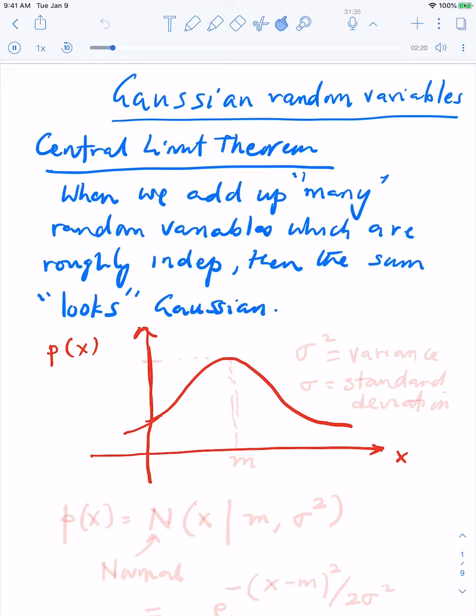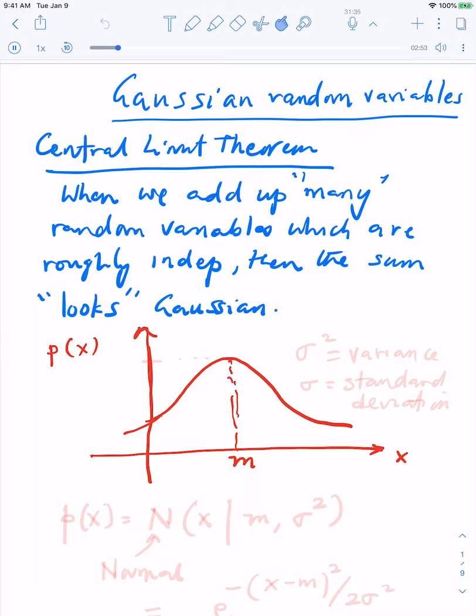As it turns out, the Gaussian random variable's density has a peak at, let's call this number m. That m happens to be the mean, the median, and the mode of the Gaussian random variable. So basically, the maximum value of the density is at the mean. So the mean is also the mode, and the density is symmetric around the mean, and so the amount of probability to the left side of the mean and the right side of the mean are the same. So the mean is also the median, right?